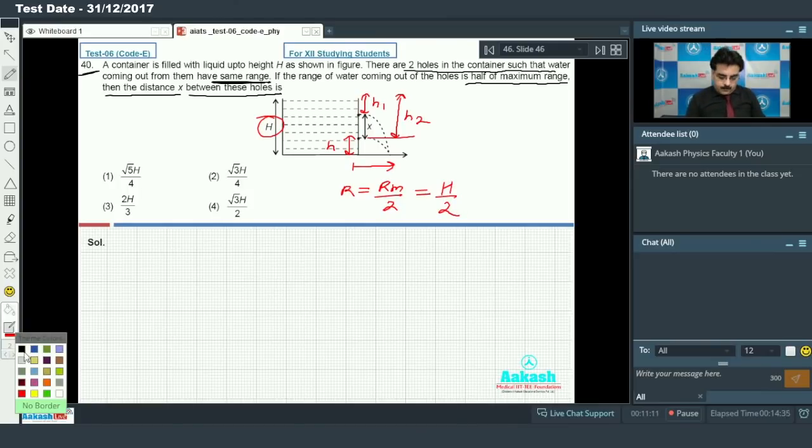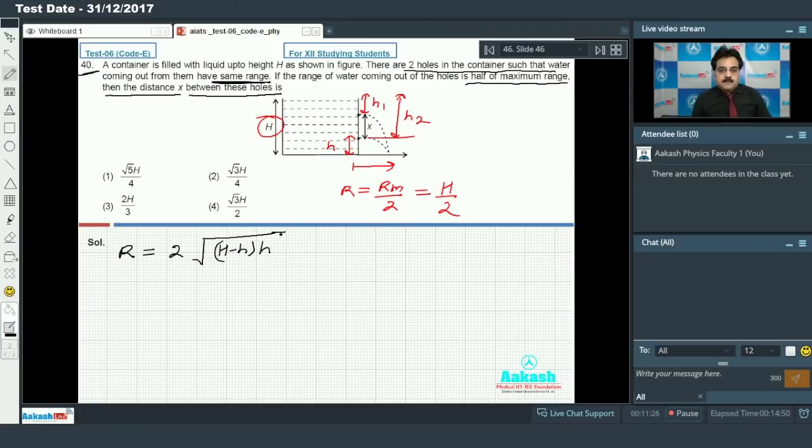And now I am going to take the calculation. So I know the range is given by 2 root of (H minus h) into h. But as per the question, this range is H by 2. So when I place the value of this range, H by 2, but 2 is there, so we'll write H by 4 is equal to root of (H minus h) h.